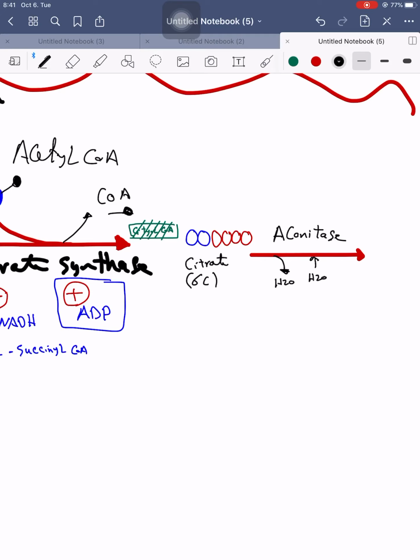So there is no change in the number of carbons, still a 6 carbon molecule, but with a different arrangement. The same number of carbon, but we change the distribution of atoms. Just to remind you, this blue one is the acetyl, and this red one is the oxaloacetate.